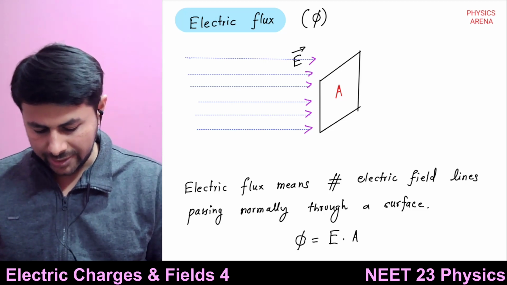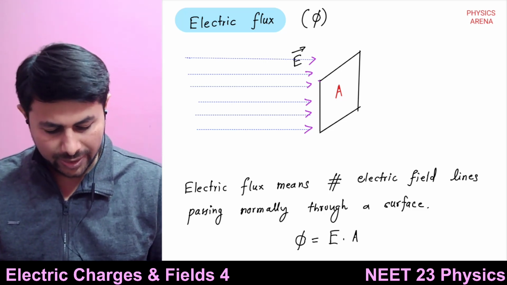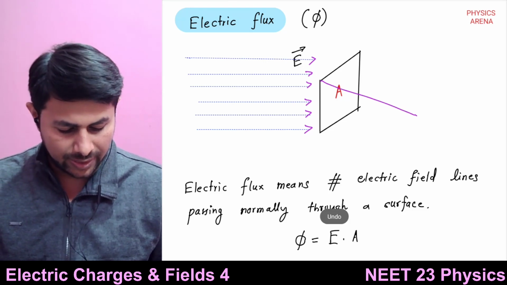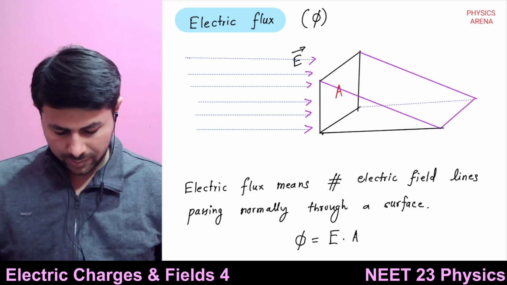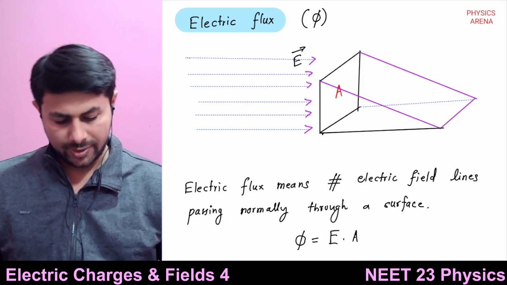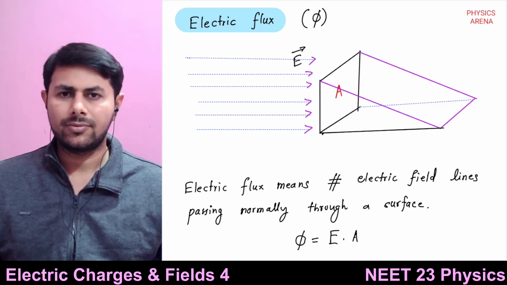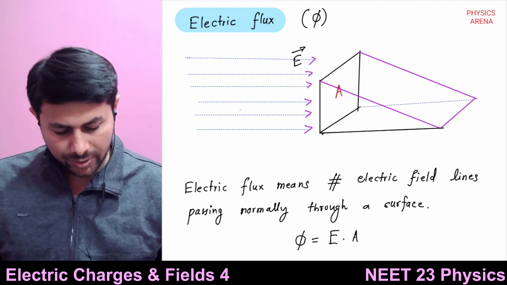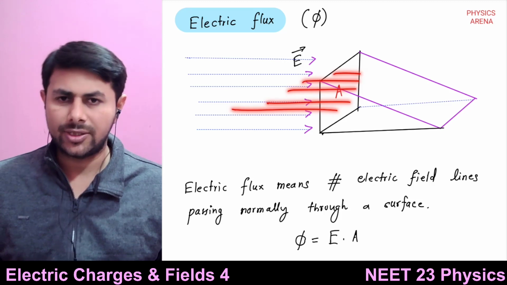Now let's imagine this kind of an area. All right. So see, this is a much bigger area compared to this area, right? So these electric field lines are passing through this area.